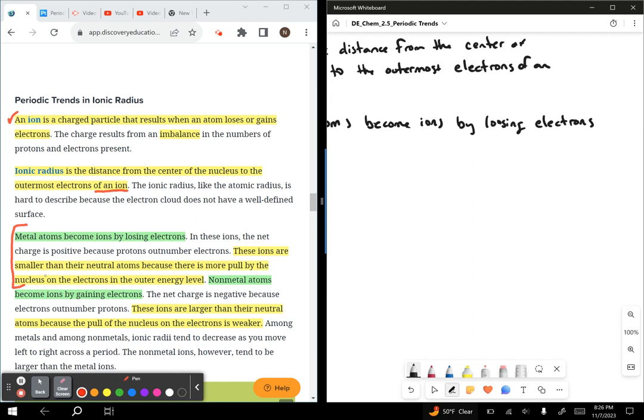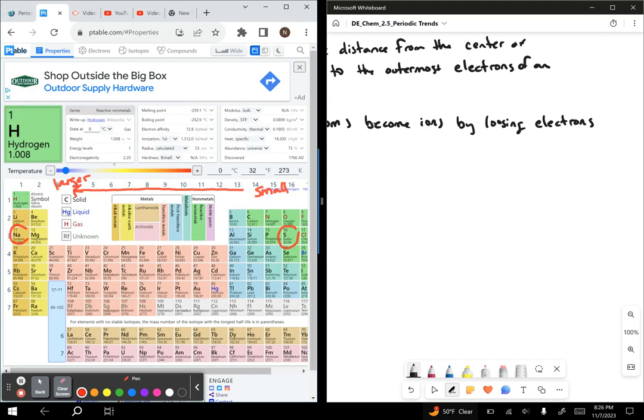If we were to use any of these examples, let's just say in group 1, you have lithium and sodium and potassium and rubidium and cesium and francium. They all have one electron in their valence. It is more favorable energetically to just lose that electron.